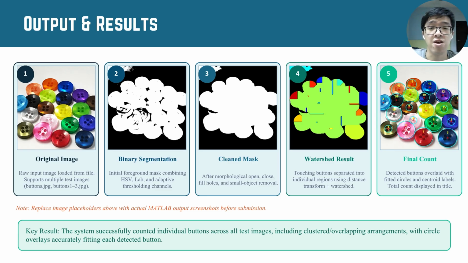Next, the watershed algorithm separates touching or overlapping buttons into individual regions. Finally, circle fitting is applied to each detected button, producing the final count and visual overlay. The result shows that the system can accurately identify and count buttons, including clustered and overlapping arrangements.